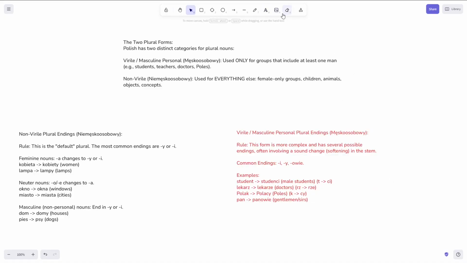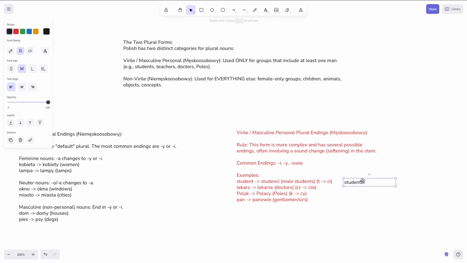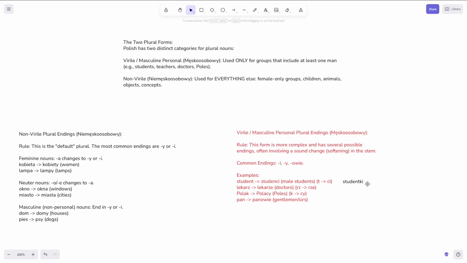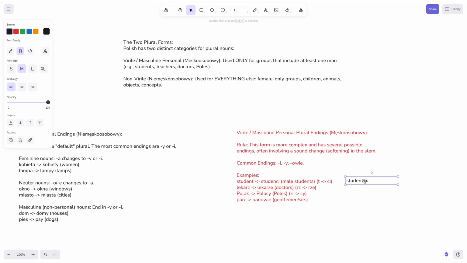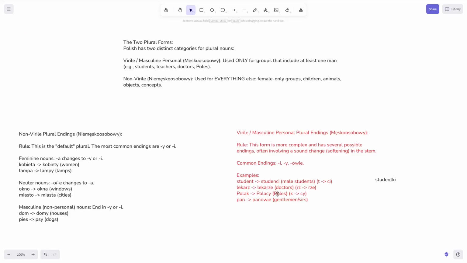Well, in that case, it would be studentki. Exactly. So there is a difference. Studenci, if the group contains at least one male student. If there are only female students, studentki. Okay?